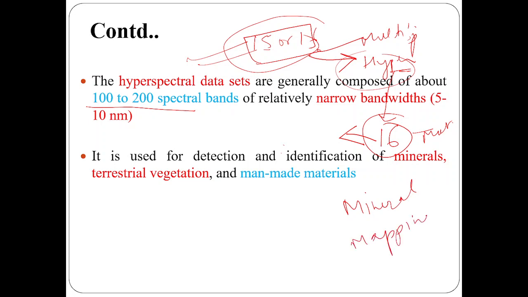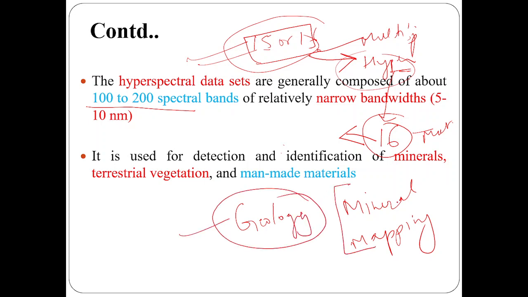Whenever we talk about geological aspects, or studying the earth surface, and mineral mapping is required, hyperspectral works very efficiently because it helps in mineral identification in different electromagnetic spectrums, as different minerals and different elements reflect in different spectra. So in geology it helps very much in mineral mapping and mineral spectra identification.